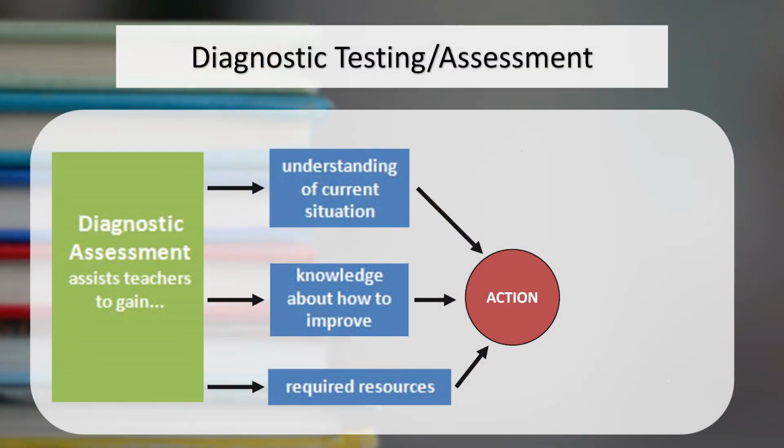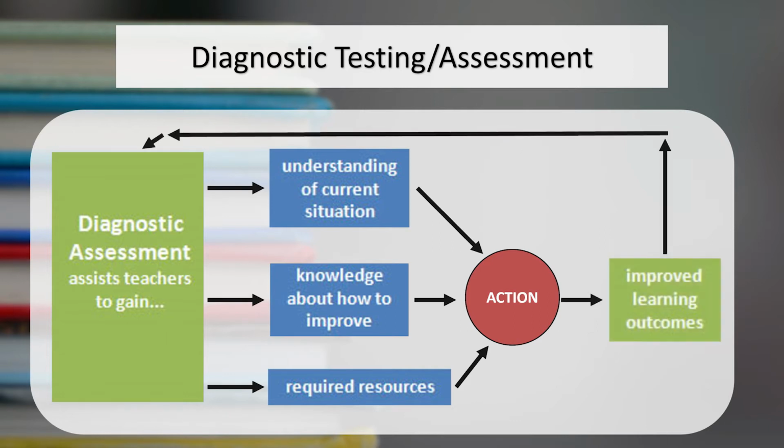So the three things: number one, understanding the current situation of the student, knowledge about how to improve, and the required resources that will set you into action. With these three things, you will be ready for action that is going to improve the learning outcomes.